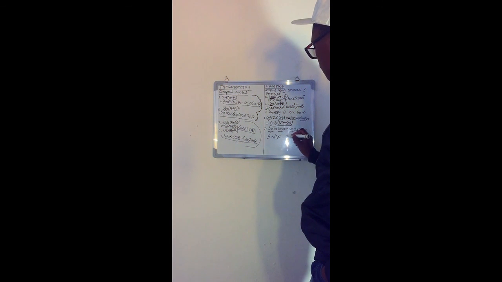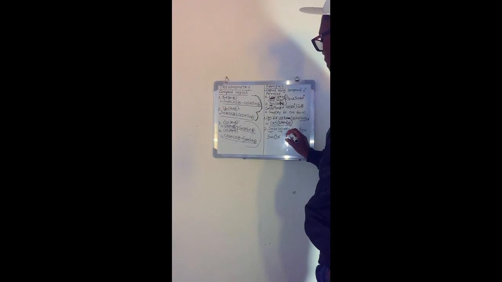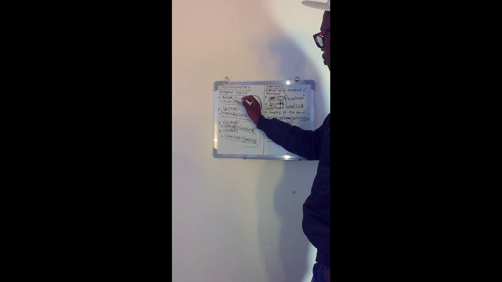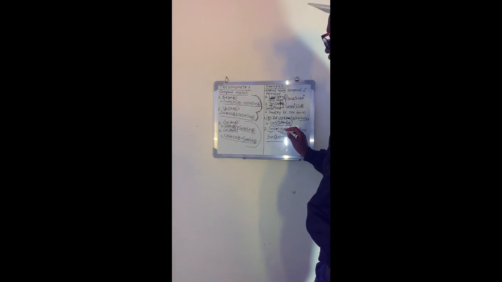For sine, we reduce it, and if we expand again, we'll choose the correct compound angle formula, which is this one. We expand like this, again in this form.